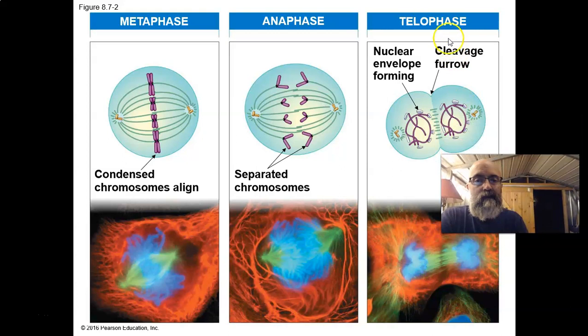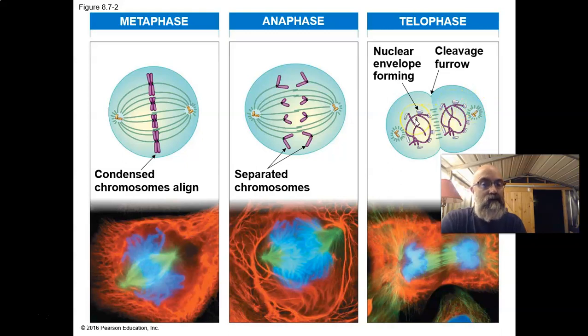And then telophase is the last stage. Here we had 4 chromosomes, 1, 2, 3, 4. They split apart. We have 1, 2, 3, and 4. 1, 2, 3, and 4. Those 4 chromosomes have been pulled to the poles.